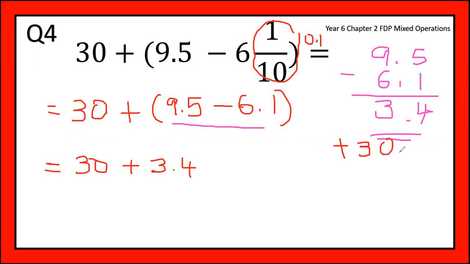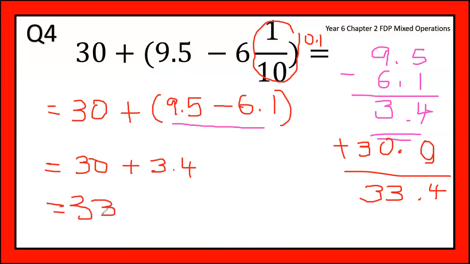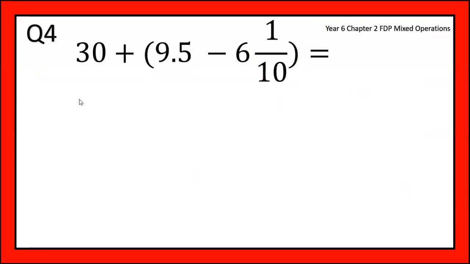Remember 30 is a whole number, so it's 30.0. So that will give you 4 here, 3 and 3, totals 33.4. This is how you solve a mixed operation question on fractions and decimals. Okay, moving on to question number 5.